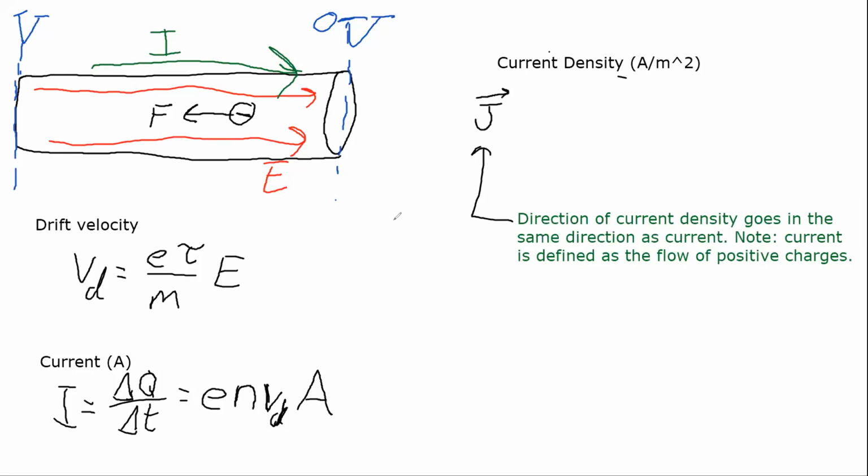Now that we have that definition, hopefully it made sense.